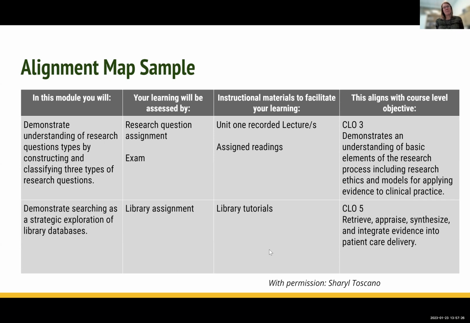It doesn't have to be in a certain way, but basically it does need to include module level outcomes, which she has here in the first column, and then assessments. So again, we're following along in the steps of course design by putting our outcomes first, then our assessments, and then our learning plan, what we're actually going to do to learn the material, in that third column.